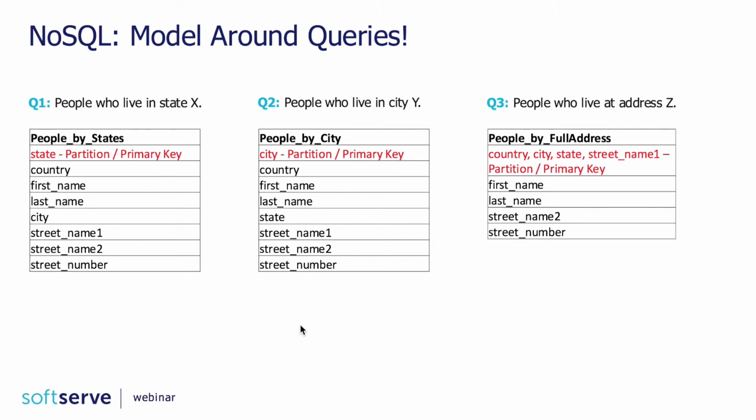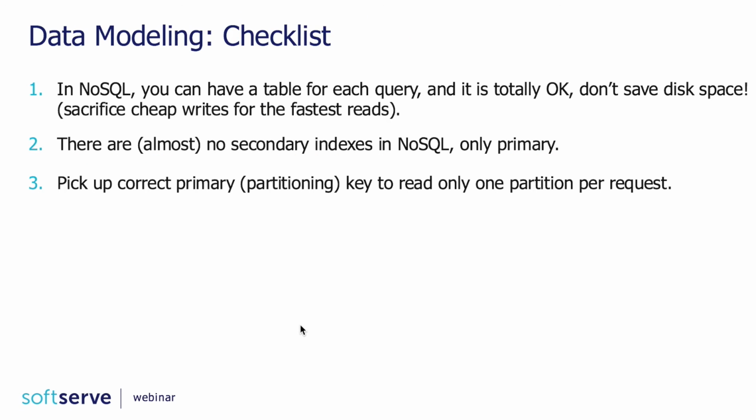That's why in this example we have a separate table for the query which retrieves the data for a specific state, a separate table for people who live in a specific city, the same for address, and so on and so forth. So in NoSQL, please don't try to save disk space. These are not systems which were created to save disk space, right? In NoSQL, we always sacrifice disk space for the sake of performance, right?